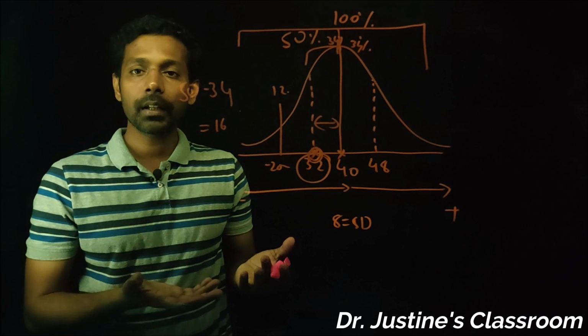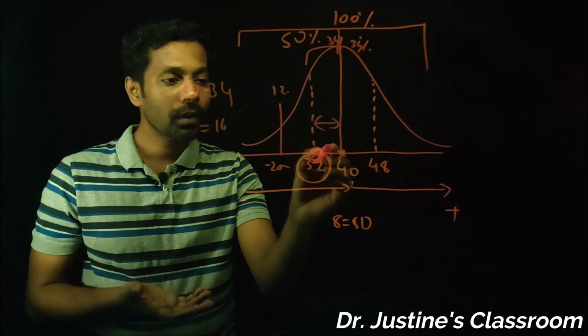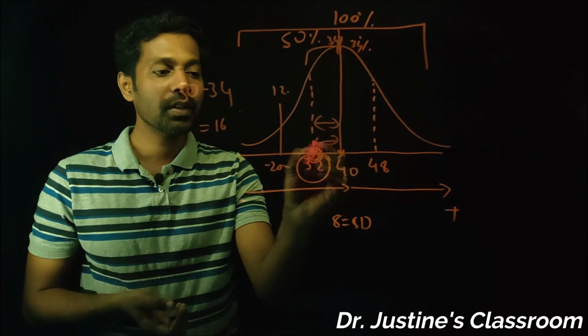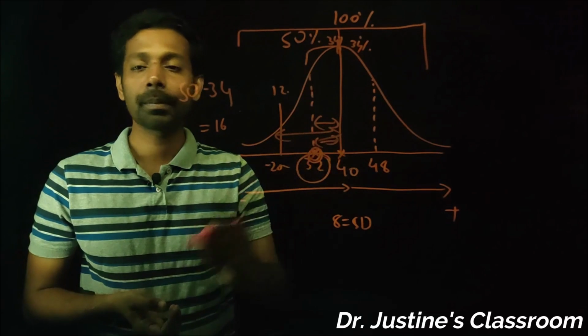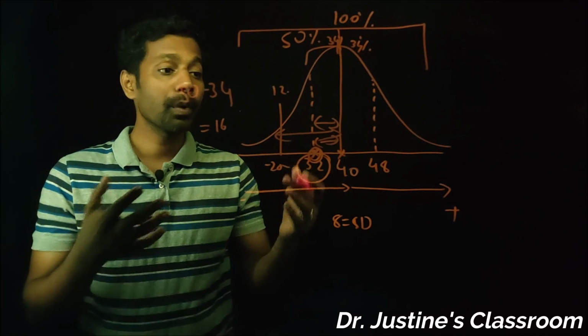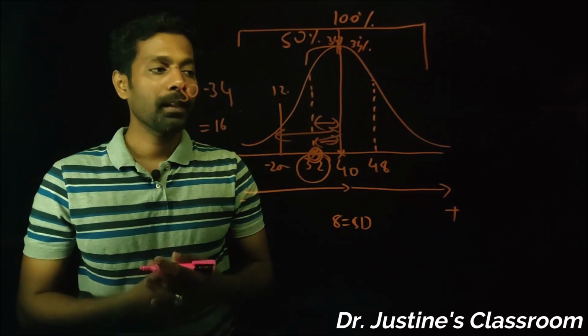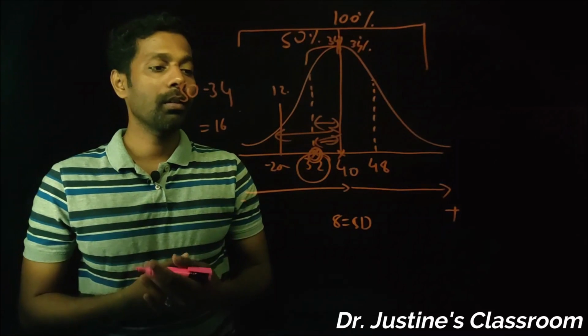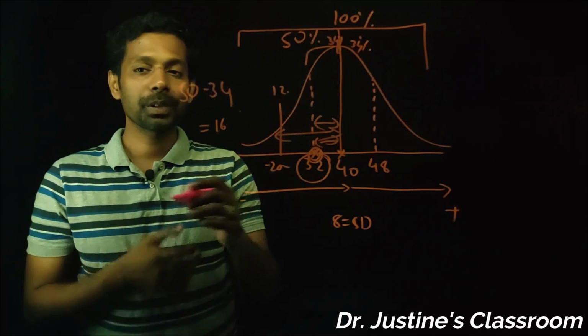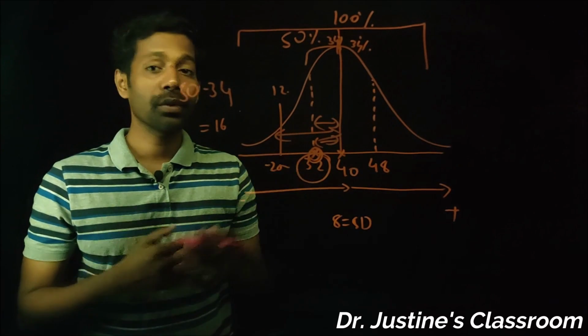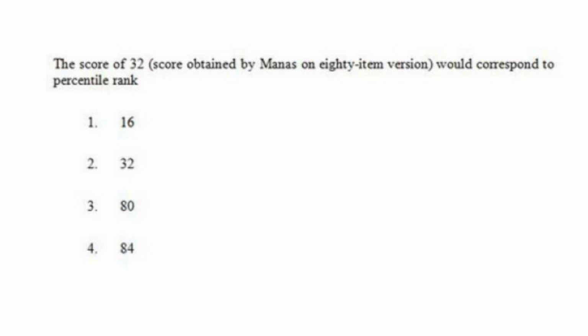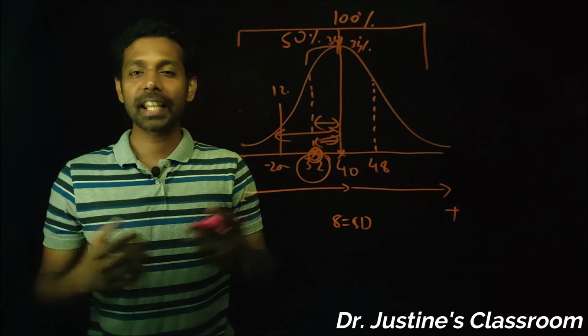You do not have a calculator, so they will always ask values like this, either 1 standard deviation or 2 standard deviations, as part of the questions. Otherwise, it is impossible to calculate without a log table or calculators. So they will be following some pattern like that. Anyway, let us look at the options now. The first option itself, option 1, 16. So that's our answer.